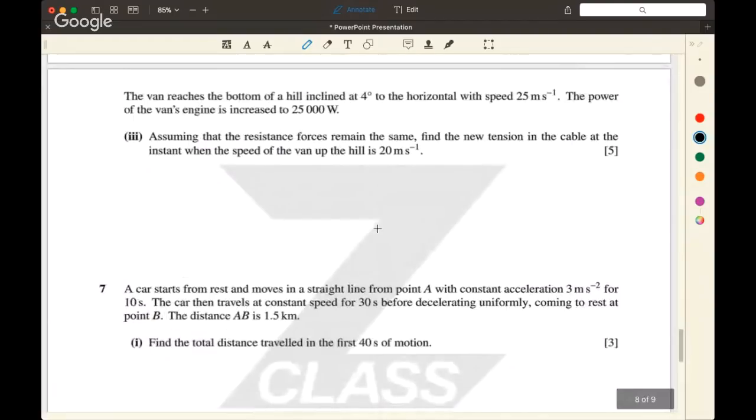Now they are doing a slightly more complicated scenario, and the van starts going up a hill and its power increases. So here's our hill, and here's the van, and here's the trailer, and there's the connection between them. And they've got this new driving force.